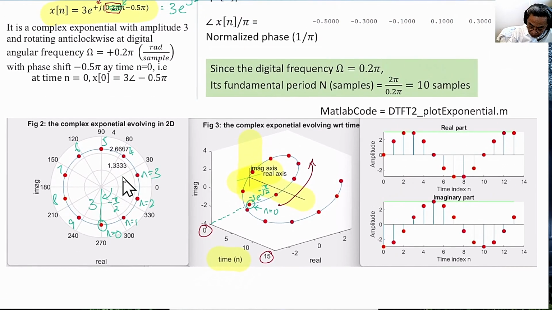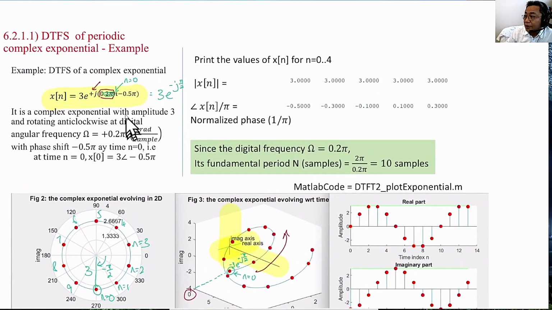Alright, so anyway, we're back to this question. We're given this complex exponential. The most direct thing for DTFS you can do is to generate x[n], the complex exponential sequence, for one period.